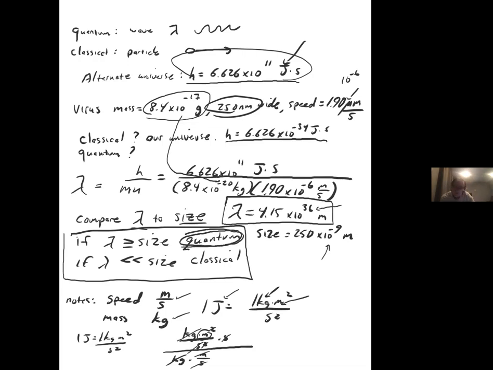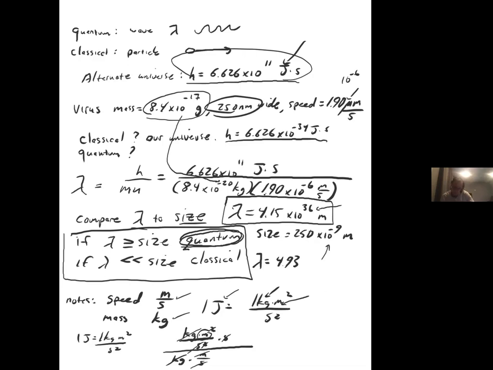Now, here's what would happen in our universe. I've got 2 minutes left here, so let me put it in here. If we used our universe, we would use the different value of h, 10 to the minus 34. So here's what happens. In our universe, the wavelength is different.